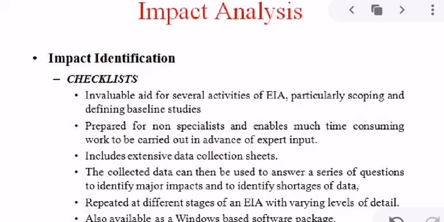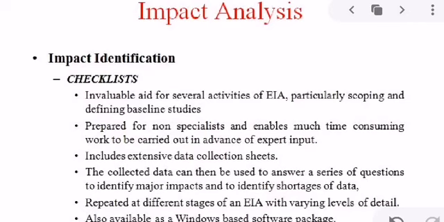The checklist has been prepared for known specialists and enables much time consuming work to be carried out in advance of expert input. It includes extensive data collection sheets, and the collected data can then be used to answer a series of questions to identify major impacts and to identify shortages of data. So a matrix indicates which data are linked to which questions.